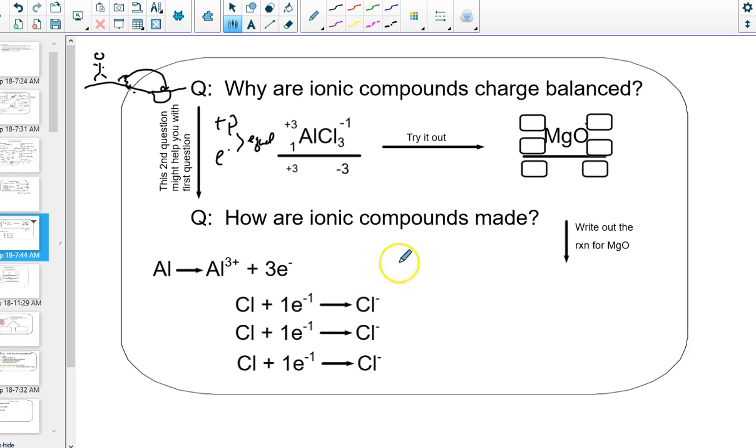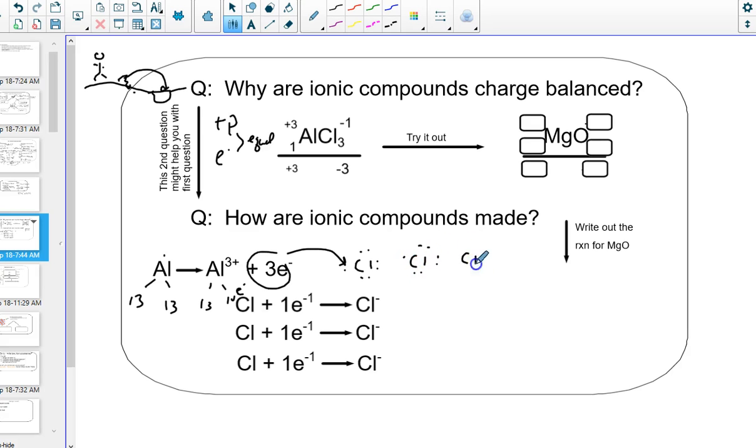Well, it turns out that an aluminum metal has 13 protons and 13 electrons. Now this is 13 protons and 10 electrons. And here are the 3 electrons it lost. Then each chlorine, here's a Lewis dot, each of them picks up 1 electron, and I need 3 of them to make this work.